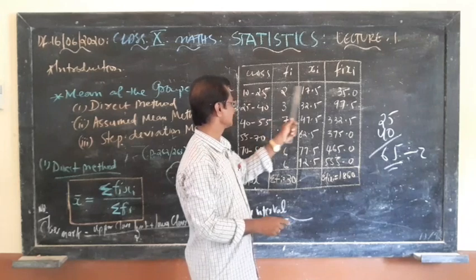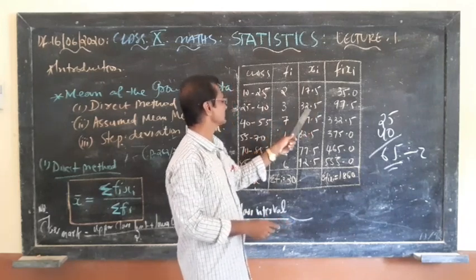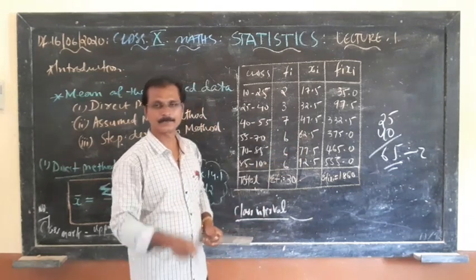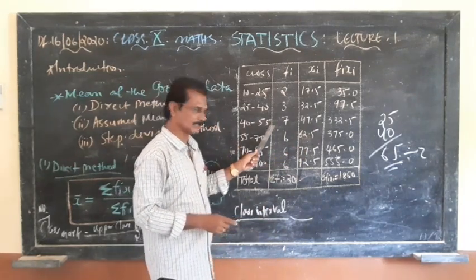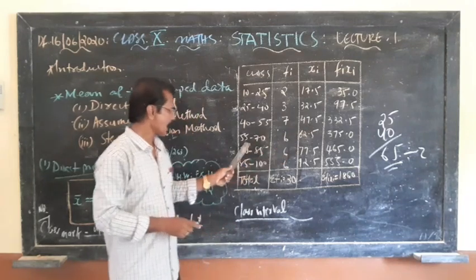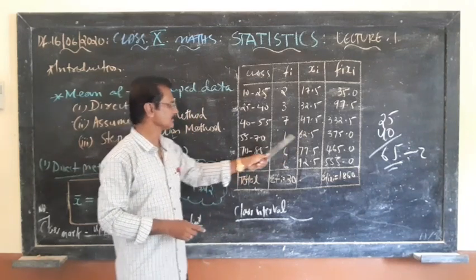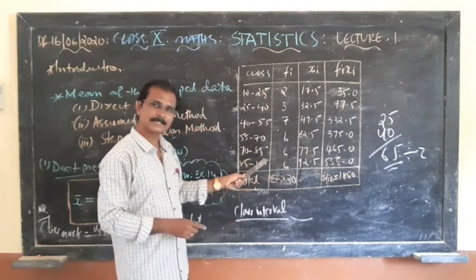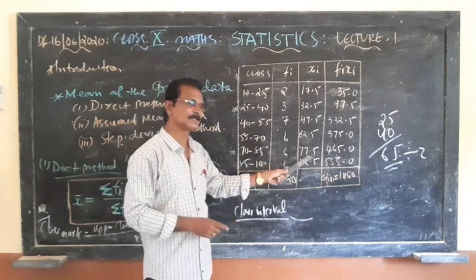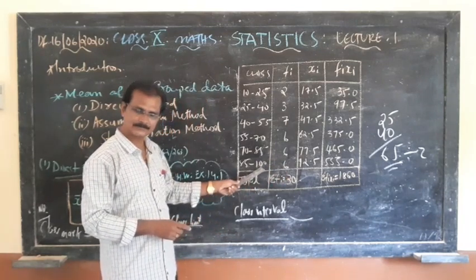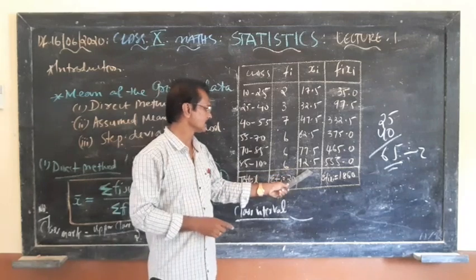First class mid value is 17.5, second is 32.5, then 40 to 55: add 40 and 55, divide by 2, you get 47.5. Adding 55 and 70, then dividing by 2, you get 62.5. Adding 70 and 85, dividing by 2, you get 77.5. 85 and 100, that is 185, divided by 2, is 92.5.